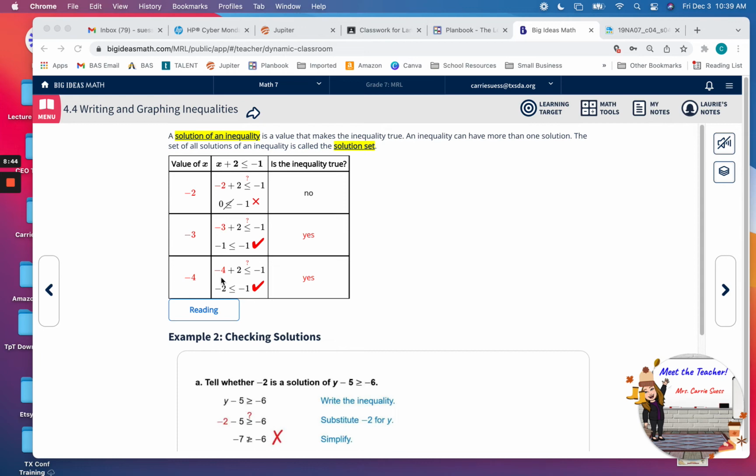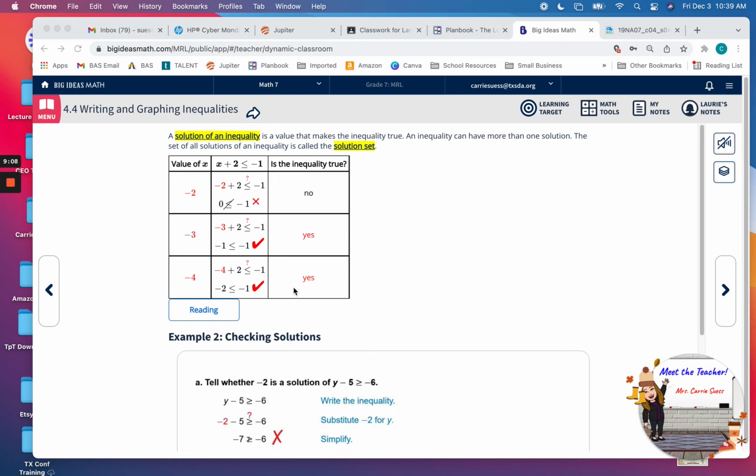You need to listen. Some of you are trying to rush to say the answer so loud. I'm not looking at you, Elliot. Okay. Thank you. Negative 4 plus 2 is negative 2. Is negative 2 less than or equal to negative 1? It is less than, so this would also be a yes.